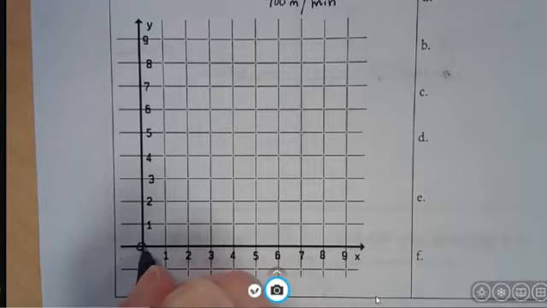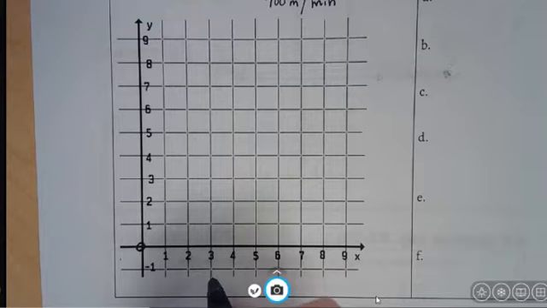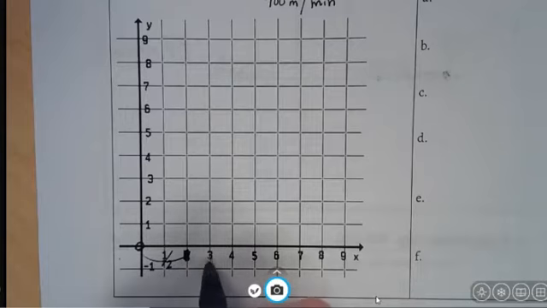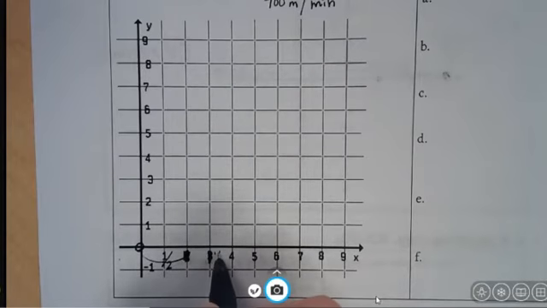So this is 0, 0, the origin, obviously. And then it says on the horizontal axis, I'm using 2 units to represent 1 minute. So that means these 2 units here are 1 minute. So this would be 1/2, this is 1, this is 1 and 1/2, and this would be 2.